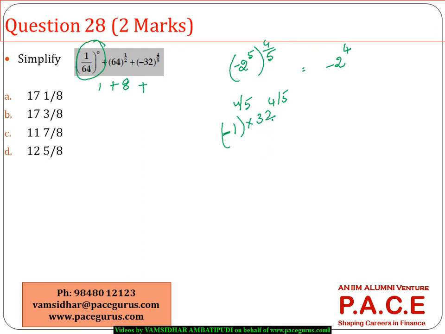Obviously this 32 to the power 4 by 5 will work out to 2 to the power 5, to the power 4 by 5, which is 2 to the power 4, which is 16. So 16 into minus 1 to the power 4 by 5, plus 8 plus 1. So this is working out to 8, this is 1.